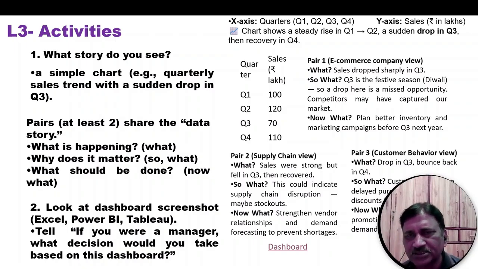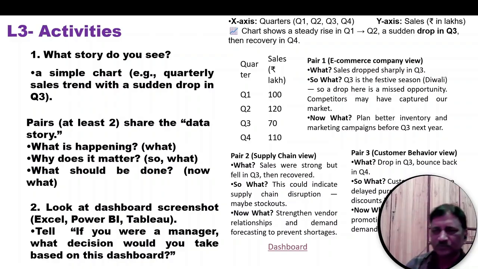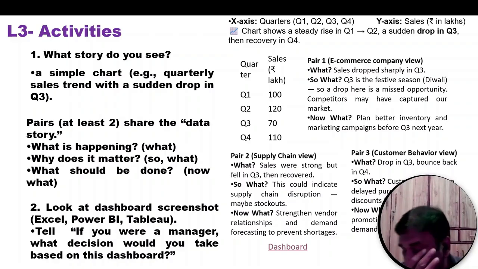This is the problem. And now what? Plan better inventory and marketing campaign before quarter three next year. Because quarter three has gone, and we cannot work on it now to recover it. We can plan for the quarter three coming next year.